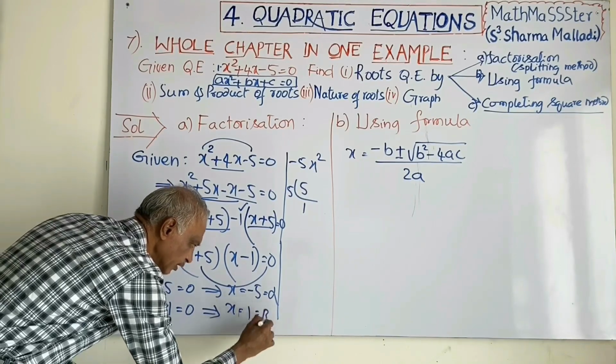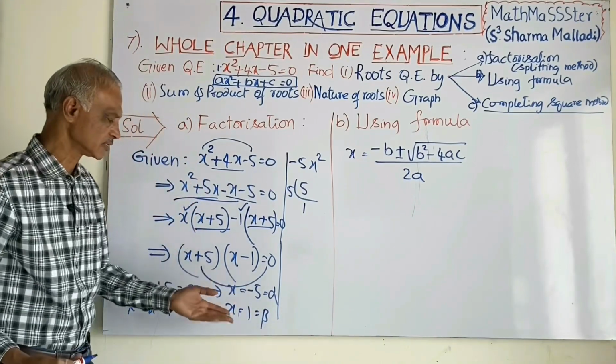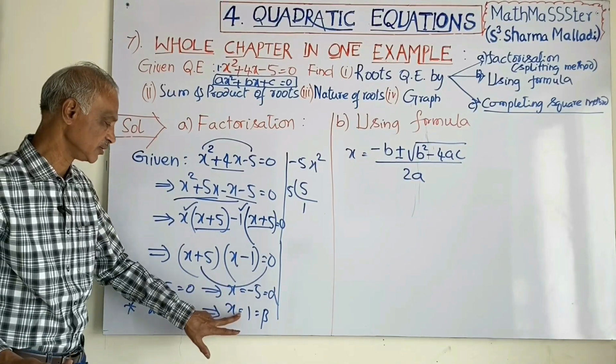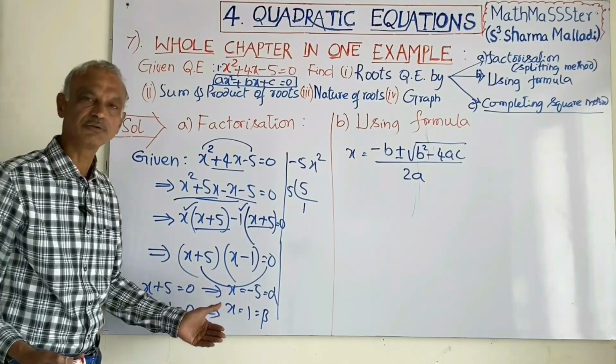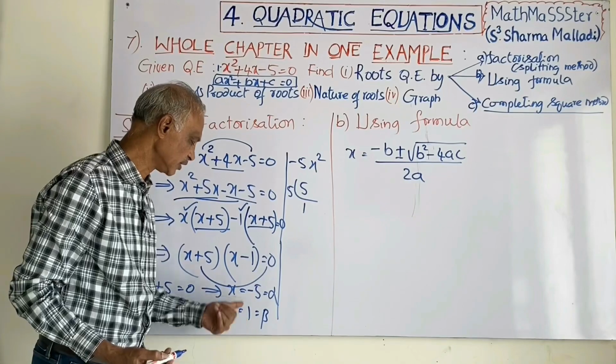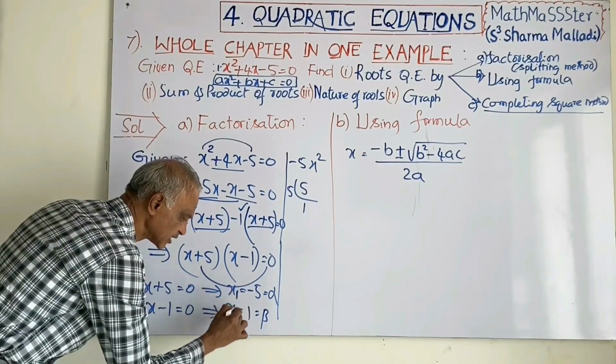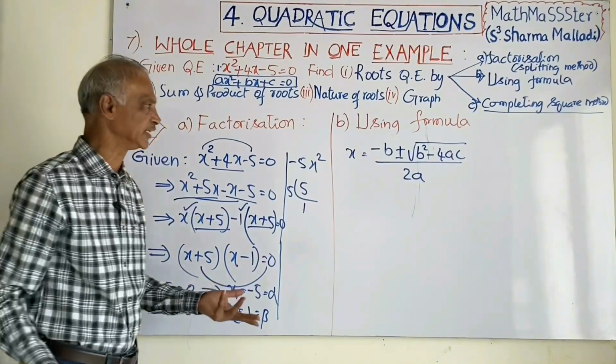It is beta. You can name it as alpha or beta, no problem. What is the value of x? It will have two roots, x is equal to 1 and x is equal to minus 5, and you can denote it by x1 or x2, alpha and beta.